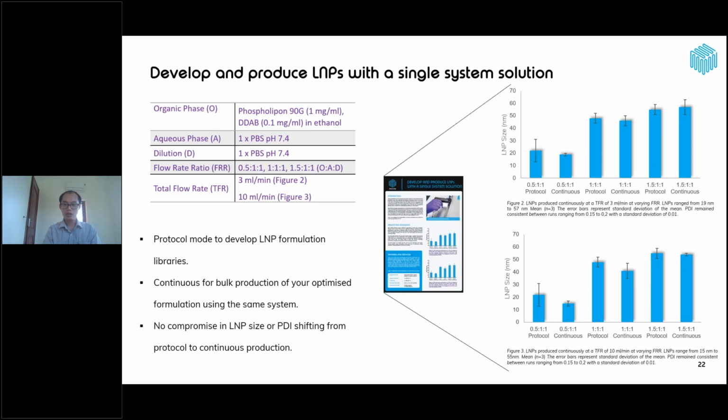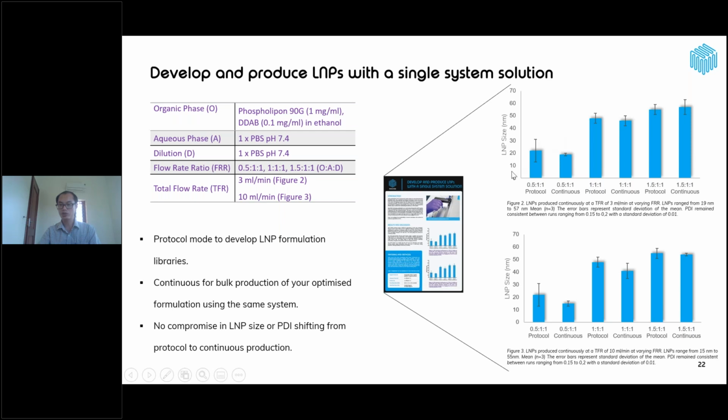In this slide, we're showing the development and production of lipid nanoparticle liposomes with a single system solution. We show the protocol mode to develop the nanoparticle formulation libraries, and then you turn from protocol mode to continuous mode for bulk production of the optimized formulation using the same system.